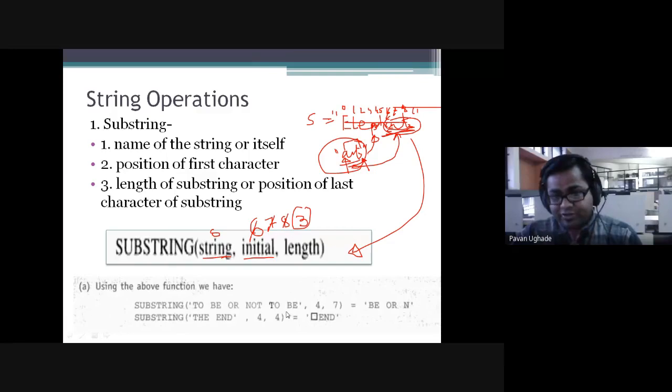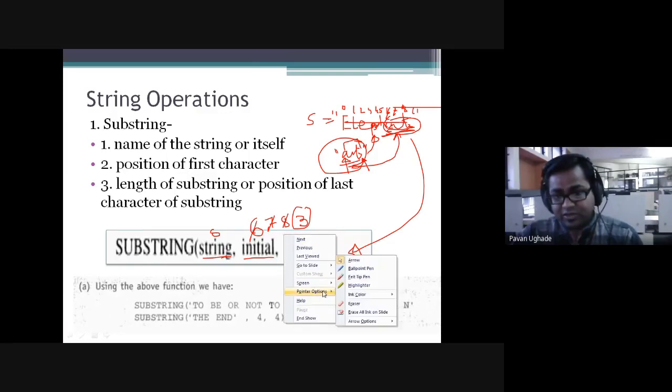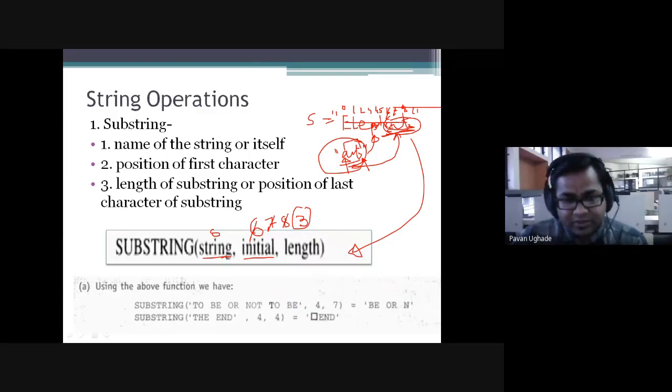Now please try to understand. If I give the numbers, it will be easy. This is 0, 1, this is a space, 2, 3, 4, 5, 6, 7, 8, 9, 10, 11, then this is 12 space, 13, 14, 15 is space, 16, 17.